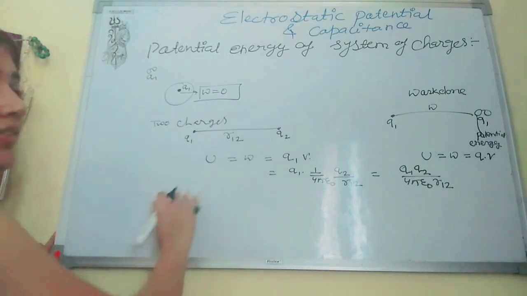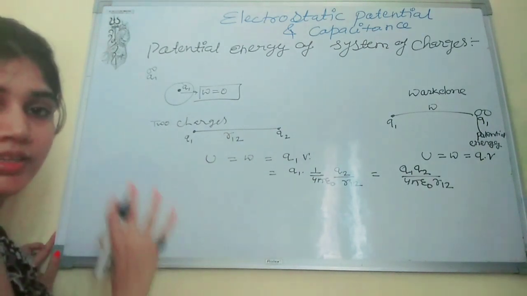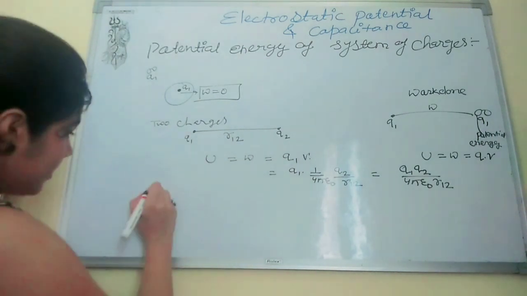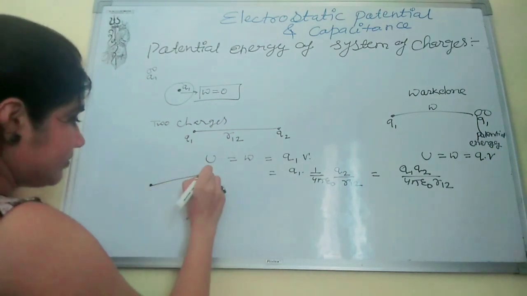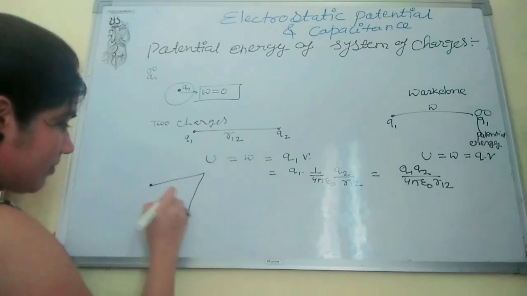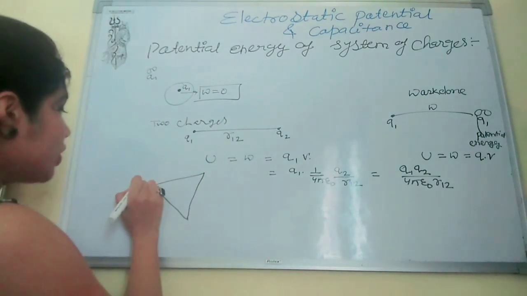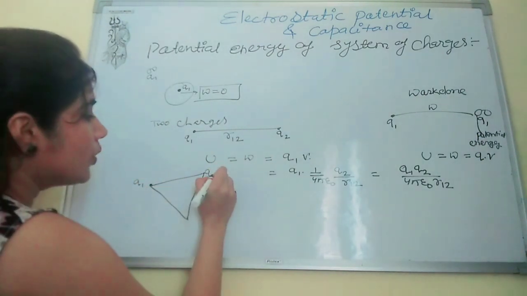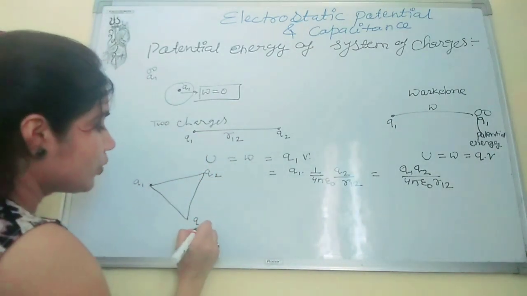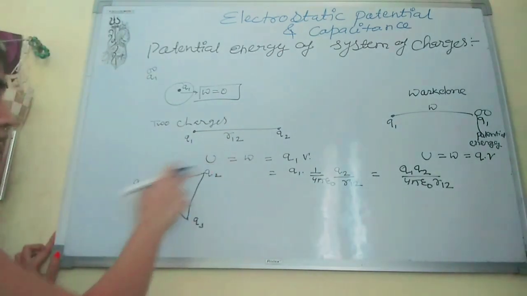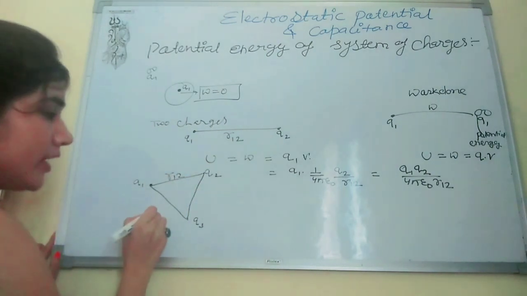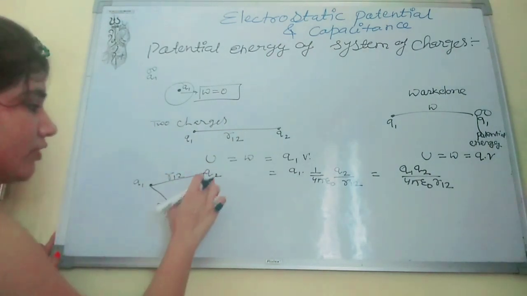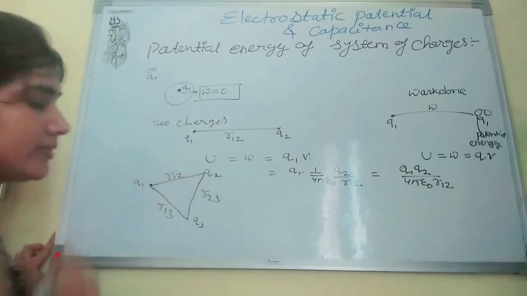Suppose in any region there is a system of three charges placed. This is Q1, this is Q2, and this is Q3. Now the distance between the first two we take as R12, here we take R13, and here we take R23.